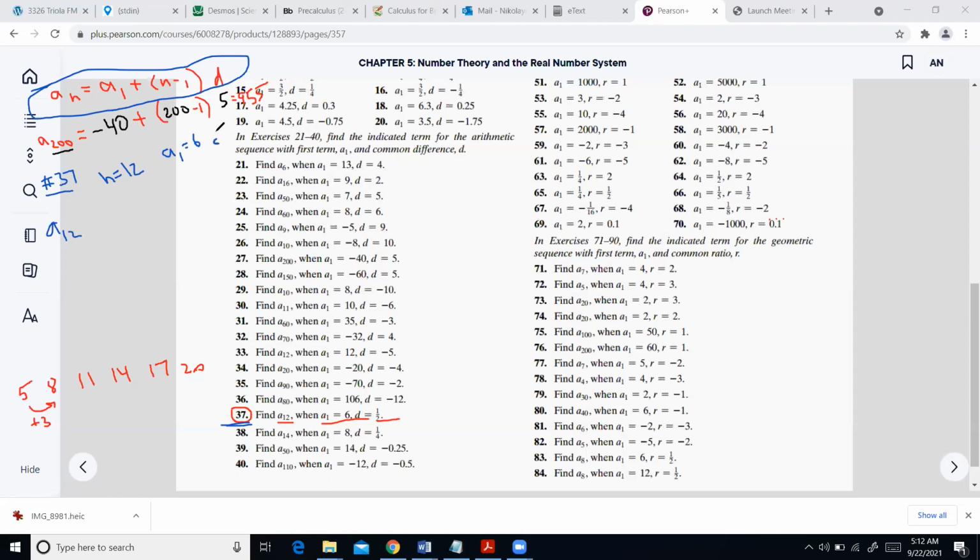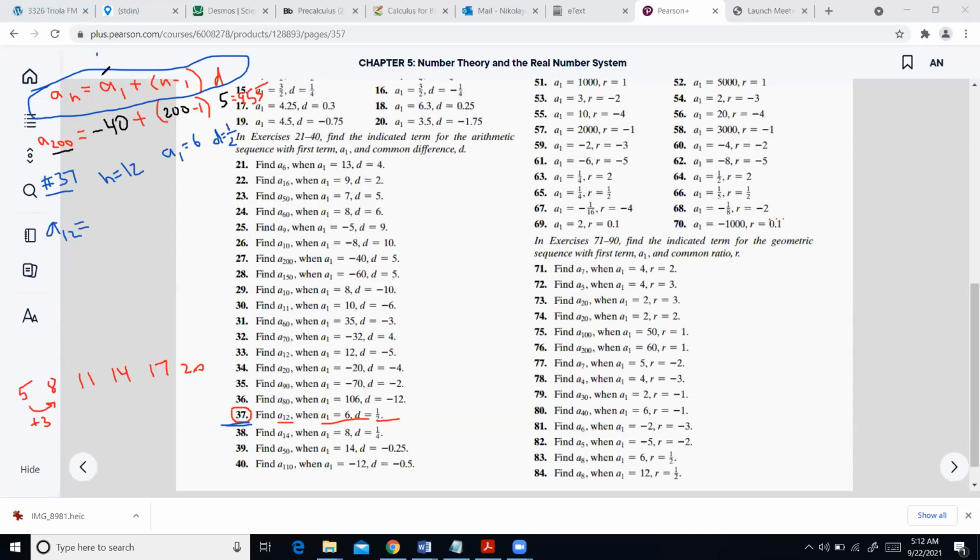D is 1/2. So all they want you to do is put numbers in the formula. Once you have the formula, you don't have to every time think how it was proved or how it all works. All you do is just plug in the numbers, and that's really all we need for these exercises.